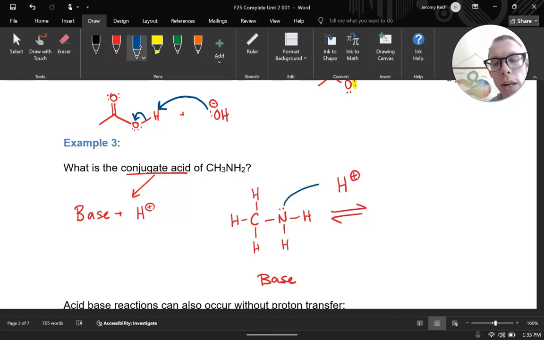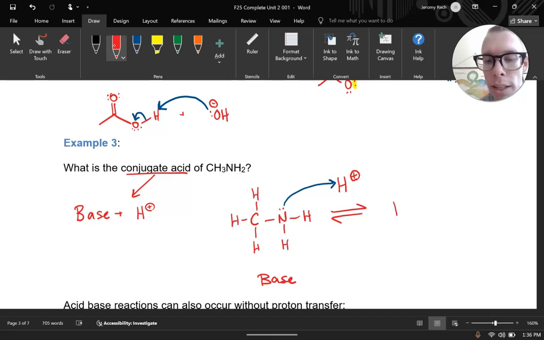And we are going to grab that proton using the lone pair electrons, which only exist here on our nitrogen. Most of the time, nitrogens and oxygens are going to be the most common species that have lone pairs that we'll see do some acid-base stuff. We can every once in a while do some carbon stuff, but the oxygens and the nitrogens are going to be some of our most common.